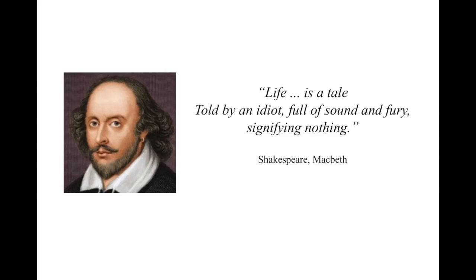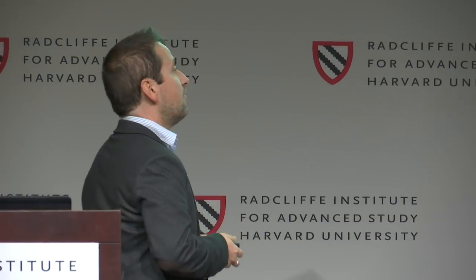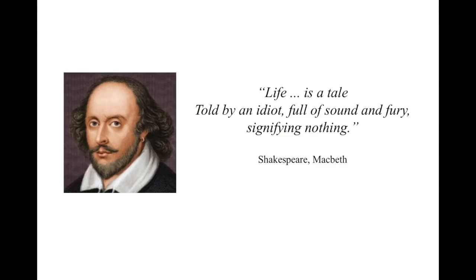And in fact, this problem probably expands beyond evolutionary biology. Is it possible to make a theory about history? I know you've got historians in the audience, and it's a big question whether you could have a theory about history to explain things, or perhaps just see history as Shakespeare did in Macbeth, if life is just a tale told by an idiot full of sound and fury signifying nothing, just trying to emphasize the idea that history is just a matter of chance of many events, but there's not much to explain beyond that.